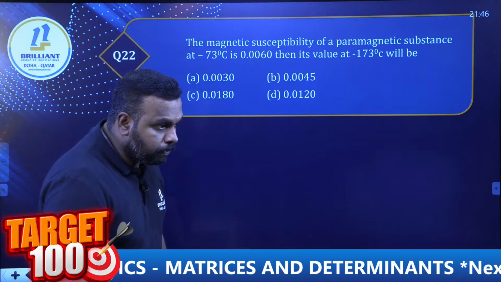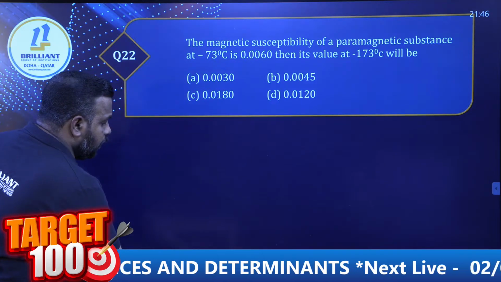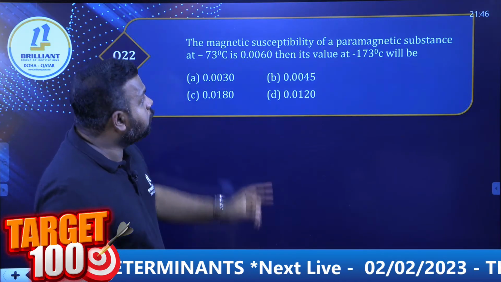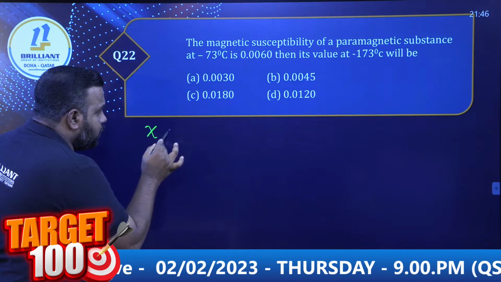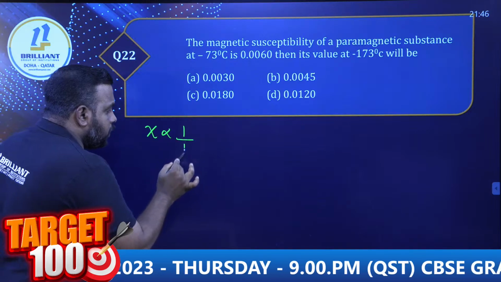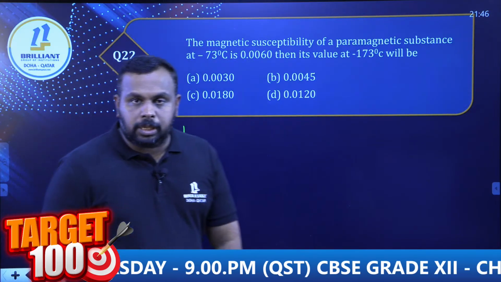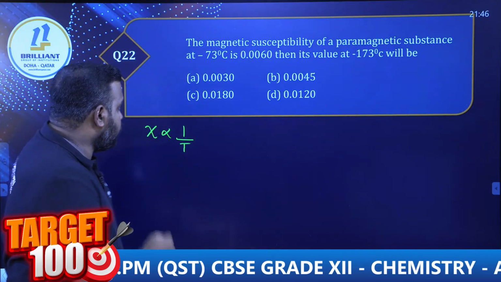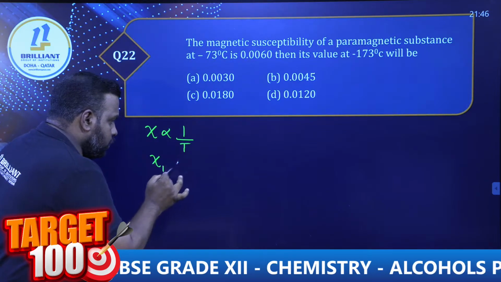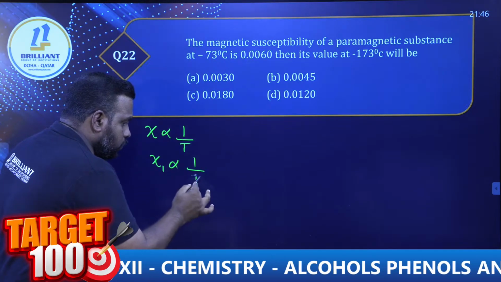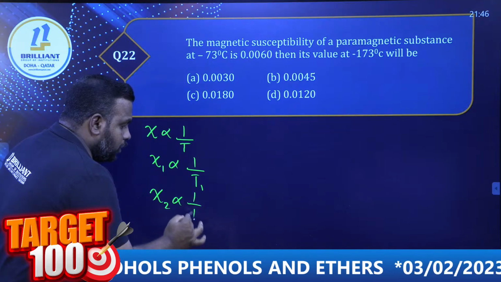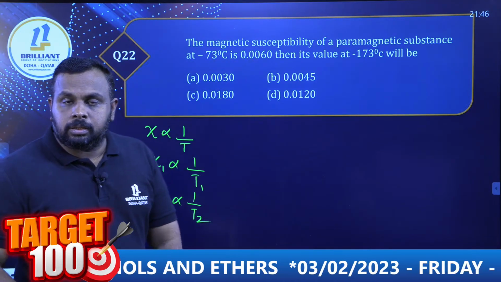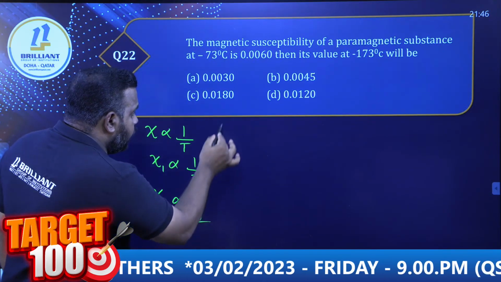That's the question. So which relation can we use? We know that for a paramagnetic substance, susceptibility chi is inversely proportional to temperature. So we can write chi 1 is inversely proportional to T1, chi 2 is inversely proportional to T2. Now take the ratio.